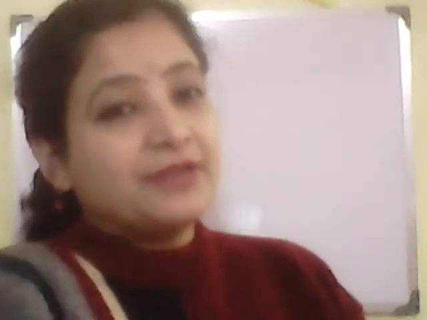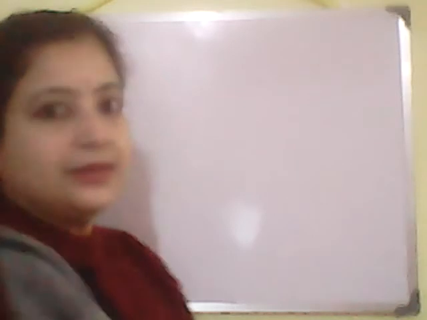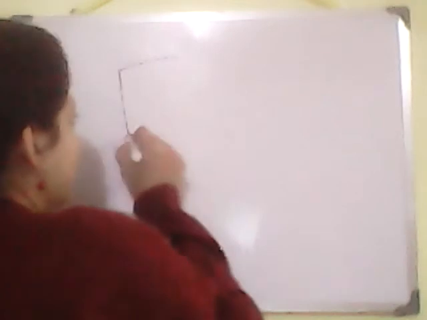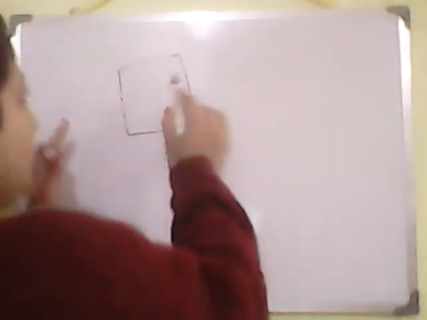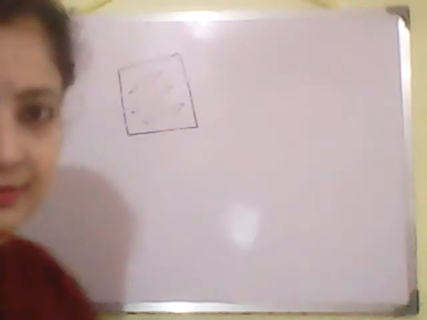Today we will check out whether a figure is bounded or unbounded. Bounded means a figure has a continuous boundary. That means we can completely separate the outside area and the inside area.